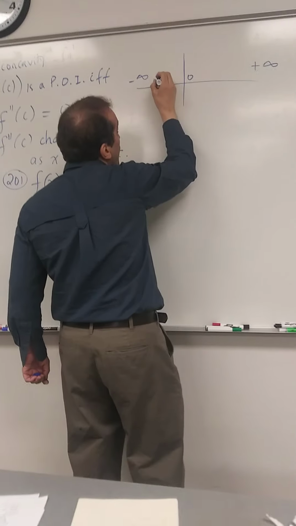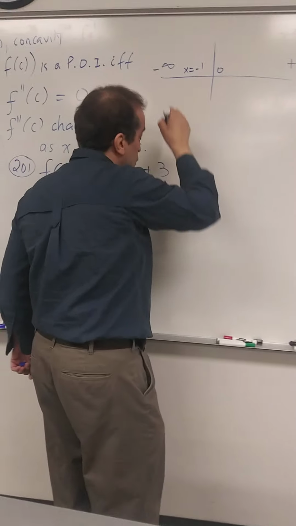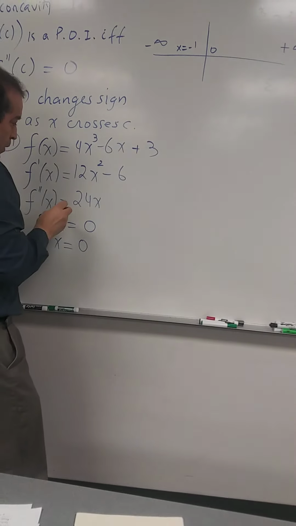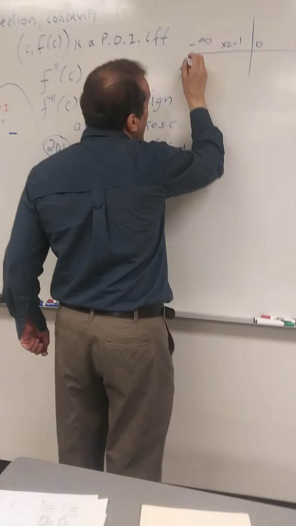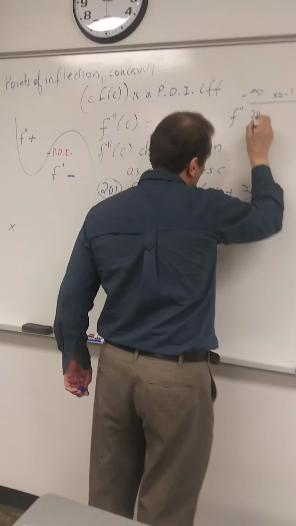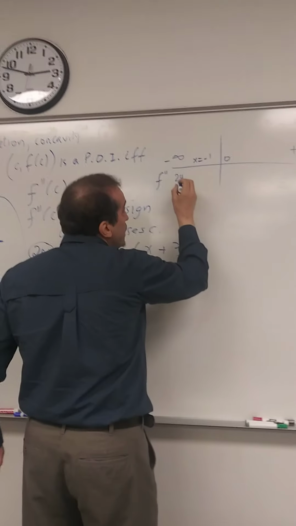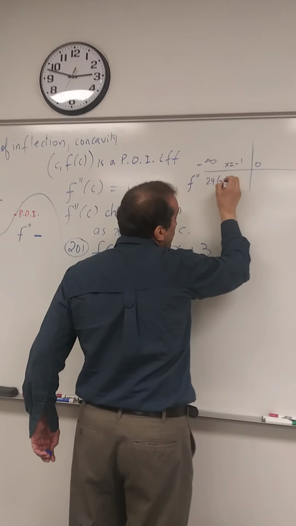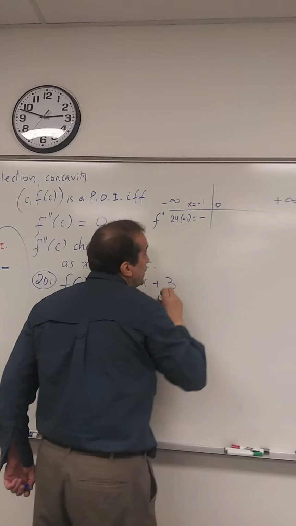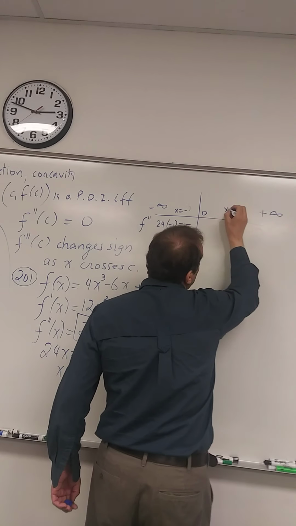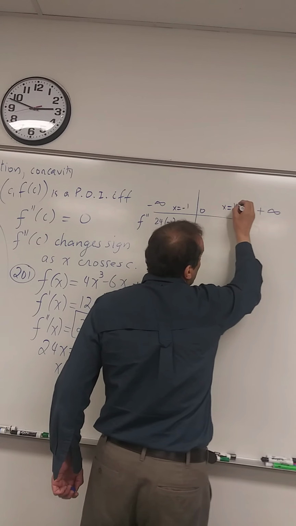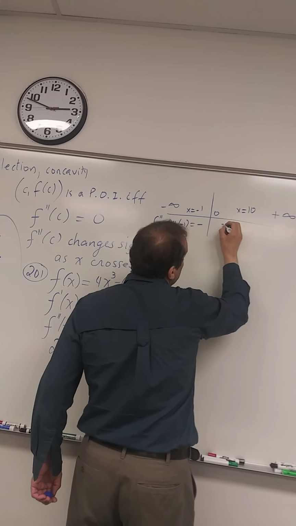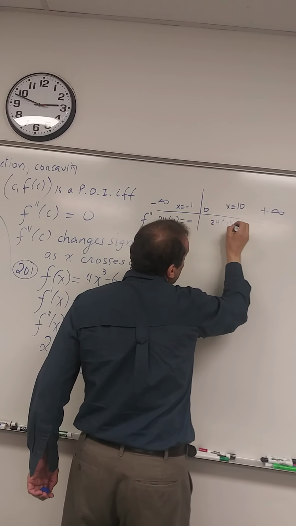I'll pick x equals minus 1 to the left and substitute minus 1 in the second derivative here. The sign of f double prime: f double prime is 24 times x, 24 times the number we picked. So this is negative. And on the right side, I could have picked a small number, but I just want to pick x equals 10. So the second derivative is 24 times 10, which is positive.